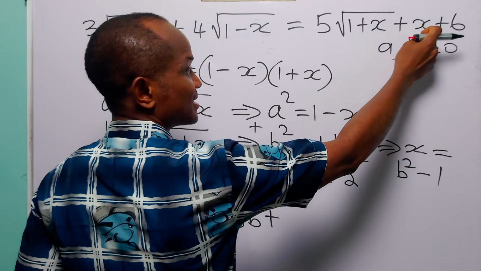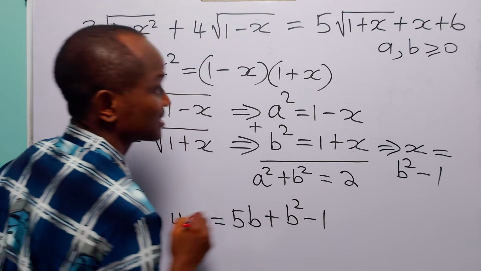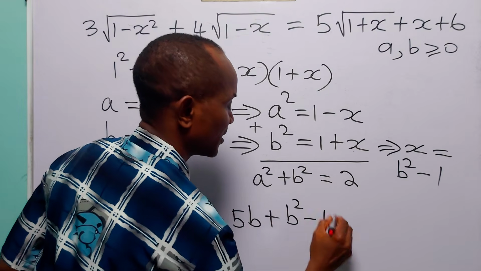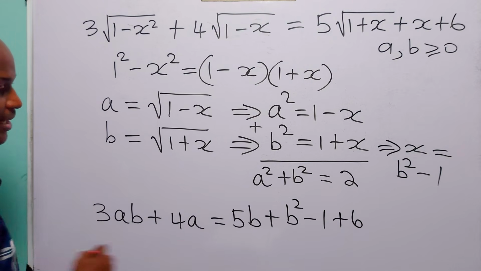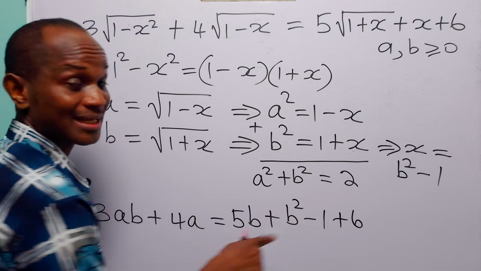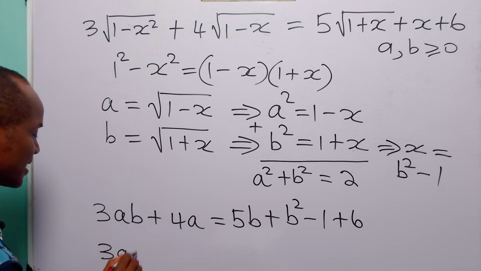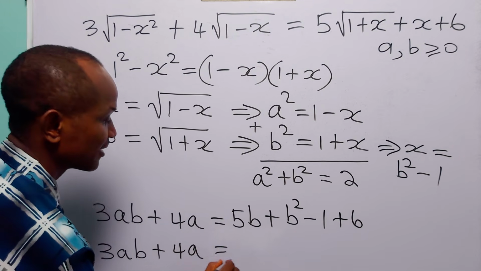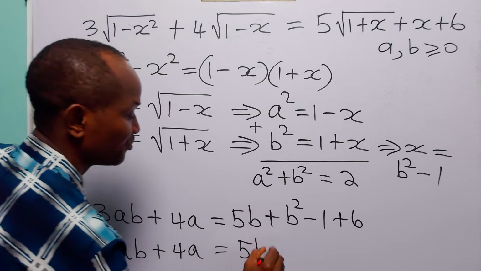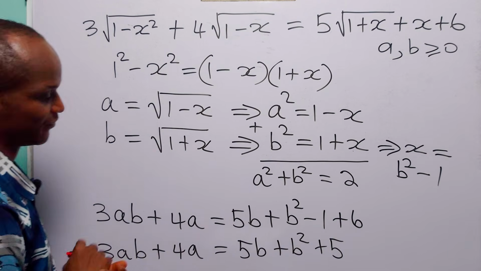So we now replace this x with b squared minus 1. And then finally we have plus 6. Now, 6 minus 1 is equal to 5. So here we have 3a times b plus 4a is equal to 5b plus b squared plus 5.